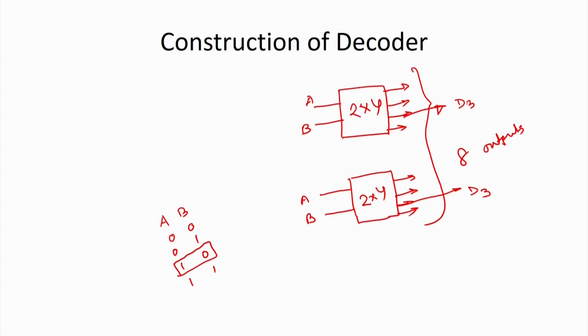Now we have to select one of these 2 outputs. For that we need another input, this C input. Then we use an inverter and connect these over here. This is the enable line and this is the enable line over here.